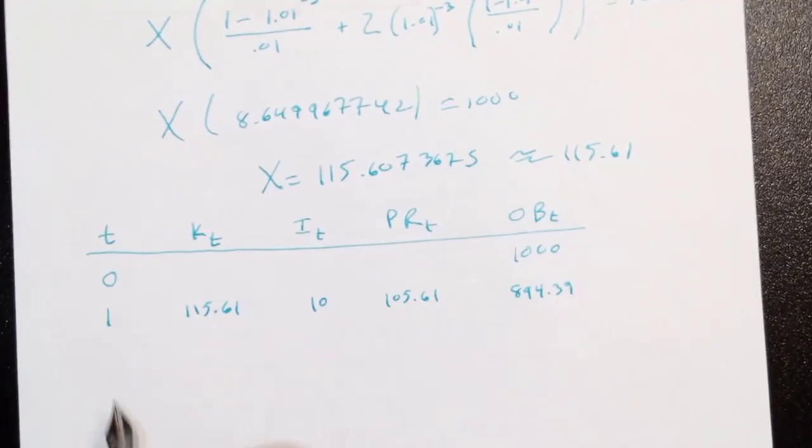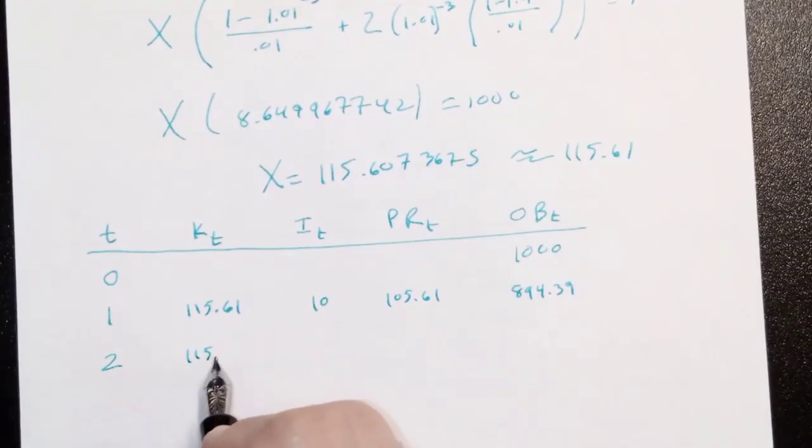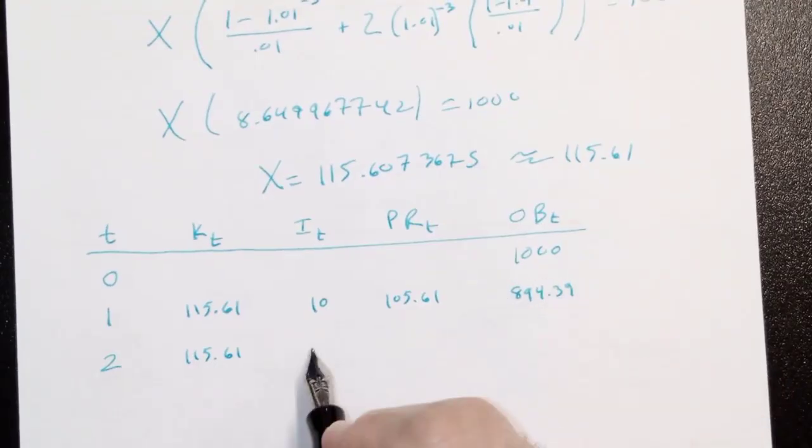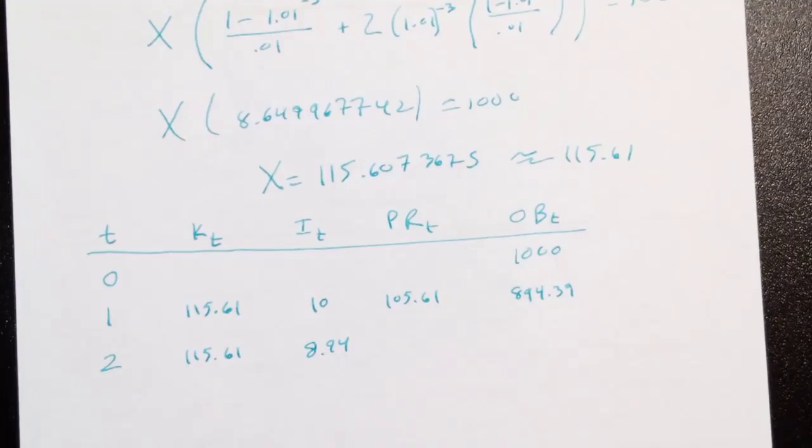Repeat the process. Payment 2 is $115.61. But the interest I owe this time is 1% of this, $8.94. By the way, a bank is more than willing to round up, no matter what the decimals are, to charge you that extra penny, or round down when they have to pay you the extra penny.